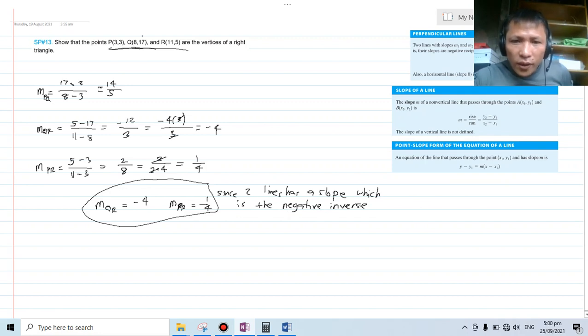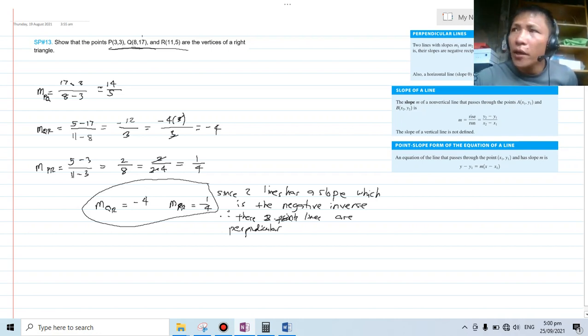Therefore these three points, meaning these two lines are perpendicular. So, kung may daka perpendicular nga two lines, I already proved.